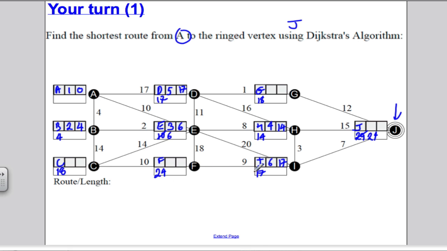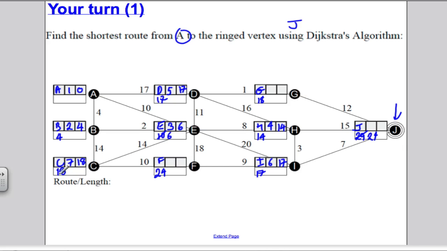It's not better than 24. So they're all the possible options I can do. The best of my temporary labels now, I've got 18 here, 24, 18. Okay, it's definitely 18. So why don't I call this my next one here? So this would be the seventh one and of weight 18.